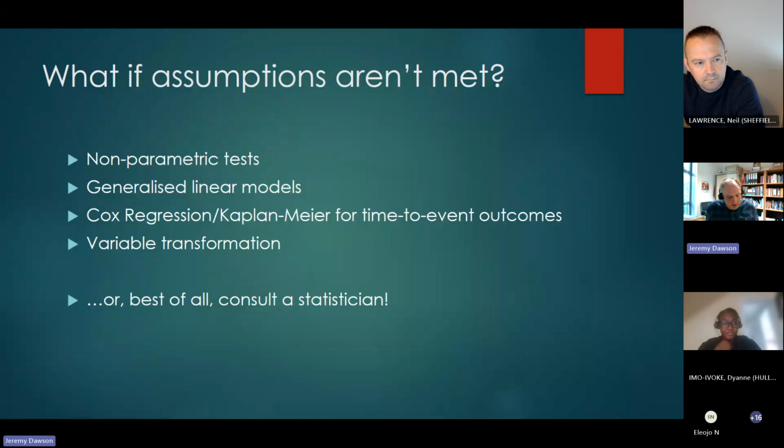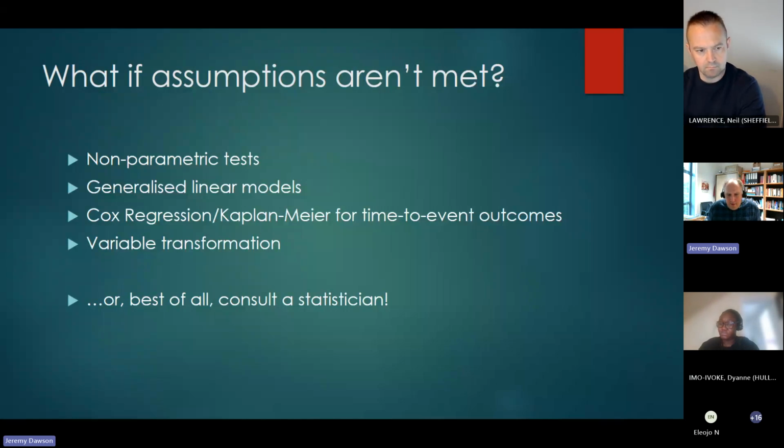Generalized linear models is where we use some other kind of transformation to create a model a bit like a regression one. In fact, the logistic regression we looked at is one type of generalized linear model. If we've got a time to event outcome like survival, then Cox regression or Kaplan-Meier analysis is a good way around that. Or we can sometimes use other variable transformations which can get around something not being normally distributed.